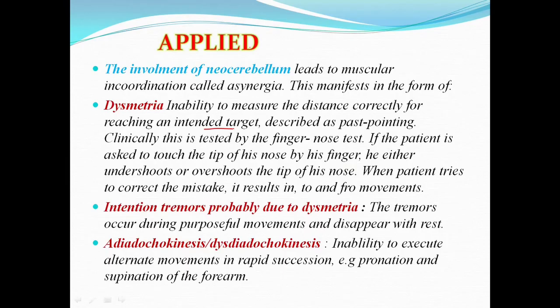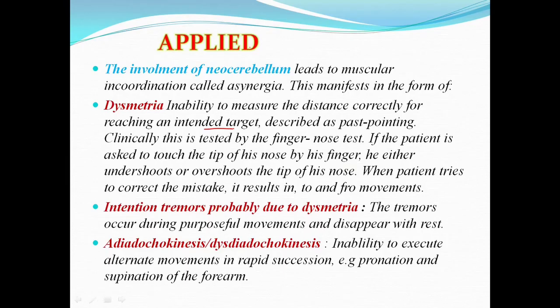One example: we ask the patient to take their finger and touch their nose. This is tested by the finger nose test. Generally the patient is supposed to touch the tip of his nose, come back, touch again, and come back.